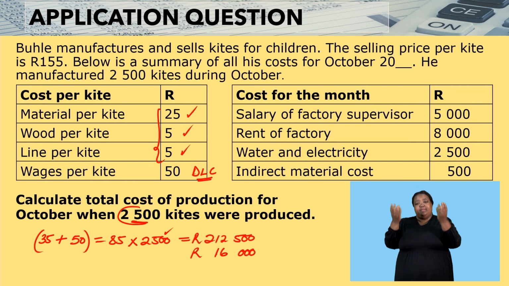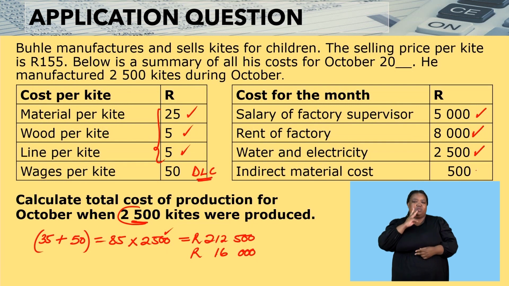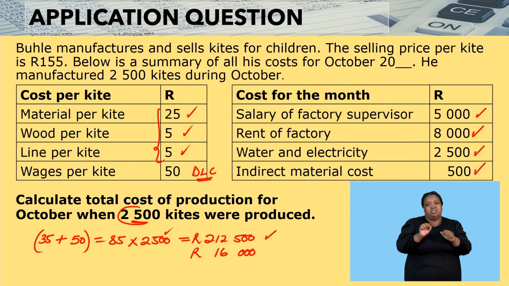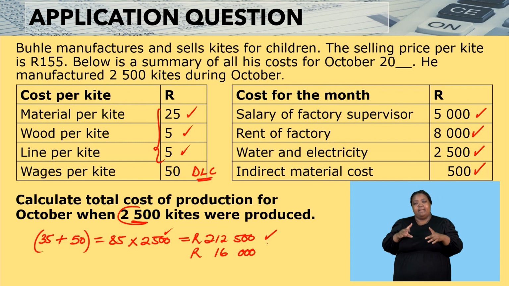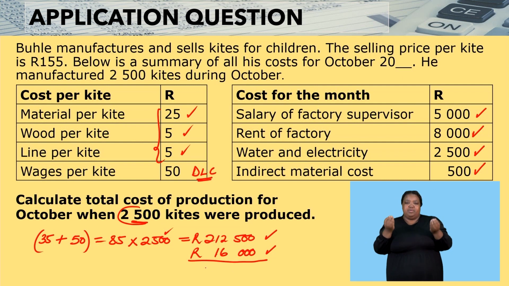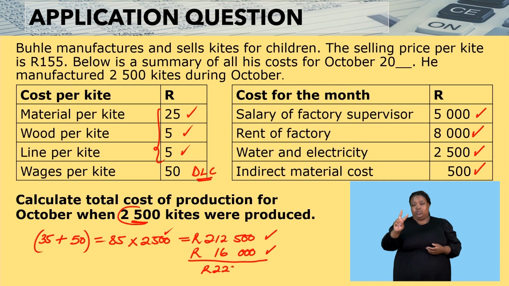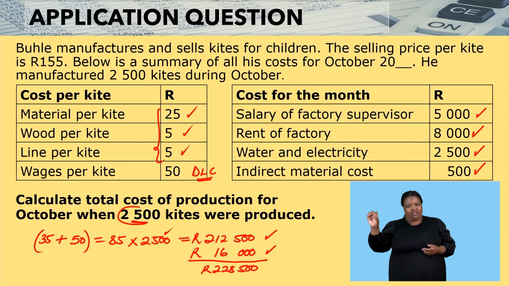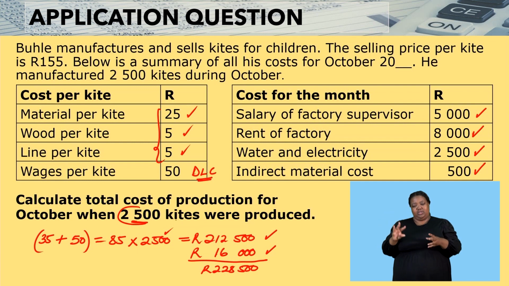How did we get that one? We added the salary of the factory supervisor, plus the rent, plus the water and electricity, and the indirect materials. And the total was 16,000. So once we have our direct cost, which is 212,500, plus our factory overheads of 16,000, when we add these ones, it would then give us 228,500. The 228,500 therefore becomes the total cost of production for producing 2,500 kites.